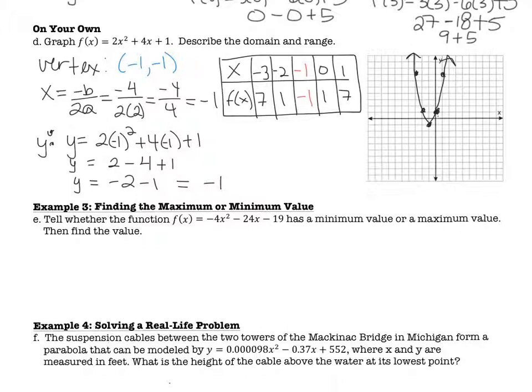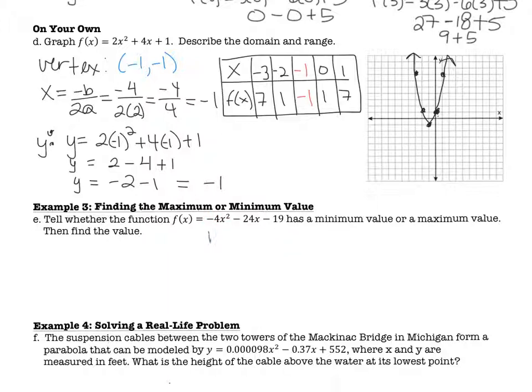All right, example 3, finding the maximum and minimum values. So tell whether the function f of x equals negative 4x squared minus 24x minus 19 has a maximum or a minimum value. Then find that value. So when we look at this function formula, we see that a is negative 4.